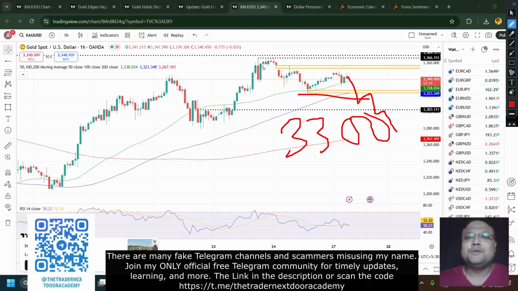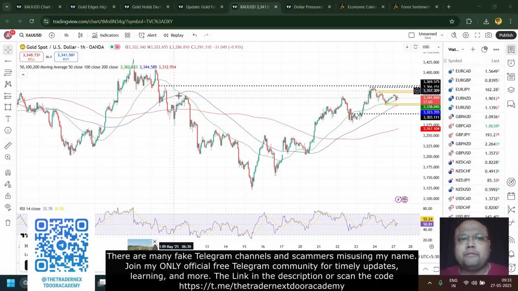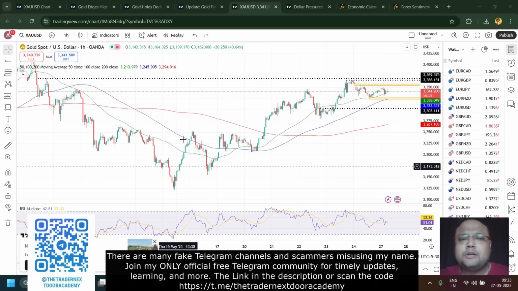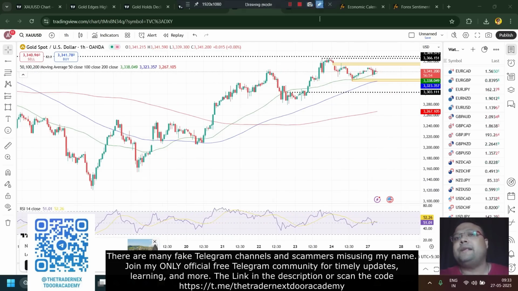So these two things are very important for gold right now, and as long as gold is unable to break any one of them, we can expect a sideways market or choppy market, because now we can see that the momentum is slowly going down. Previously the market was in a downtrend, then there was a sharp trend reversal and gold was bullish, but right now the volume is very low.